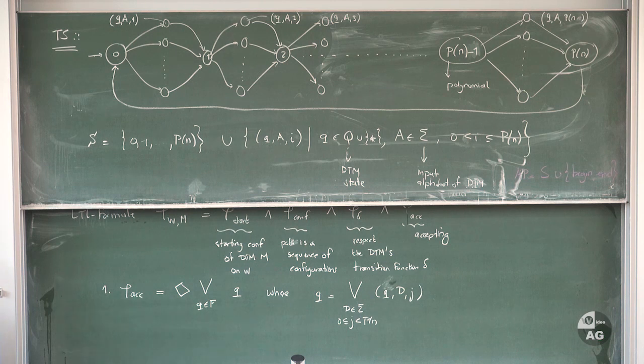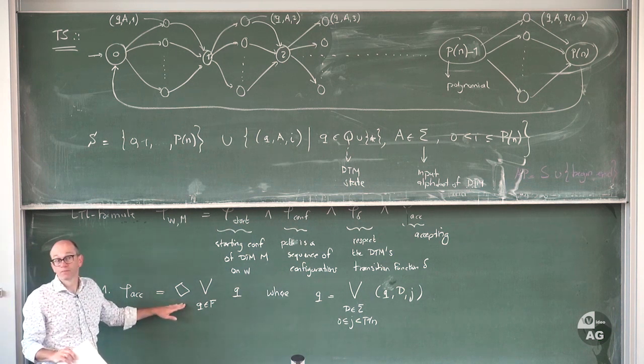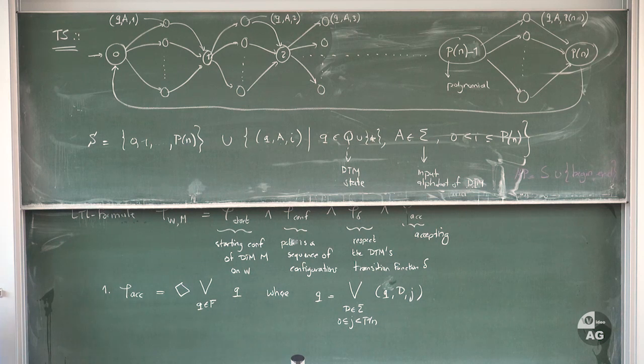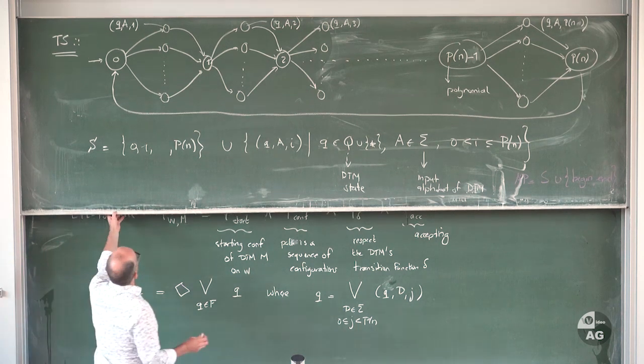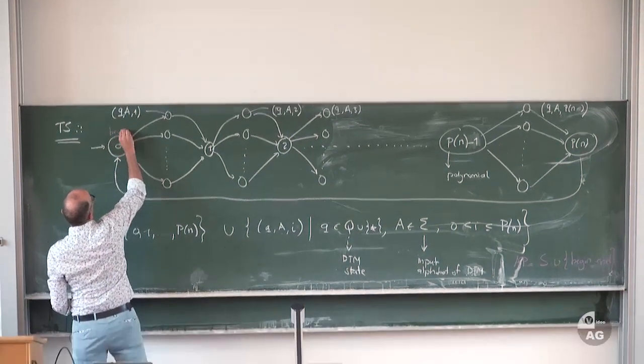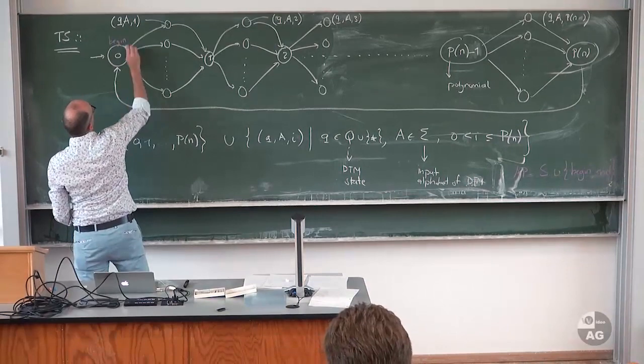Good. Do you understand this formula? This is by far the simplest formula we're going to see. Okay, good. So atomic propositions are things like, okay, this is labeled, by the way, by begin as well, and we end with 0.